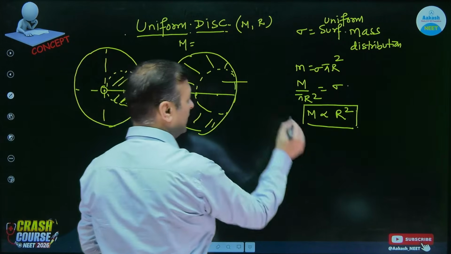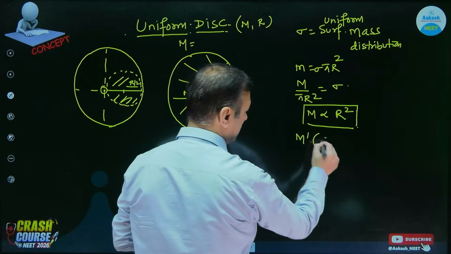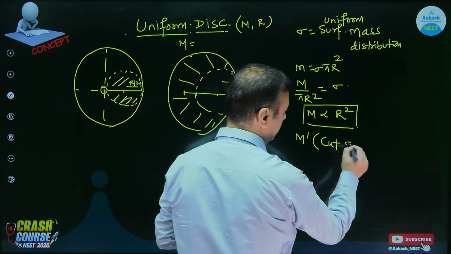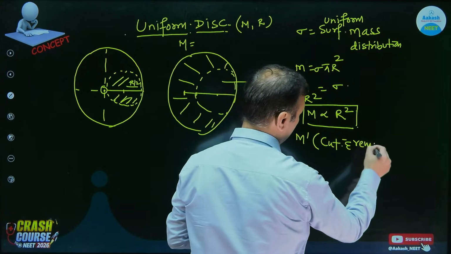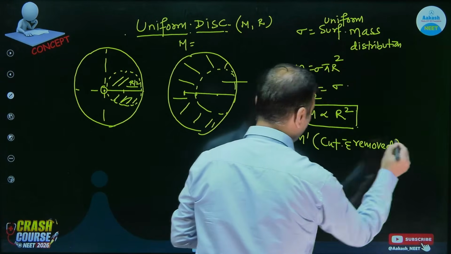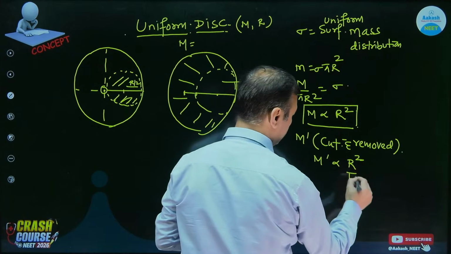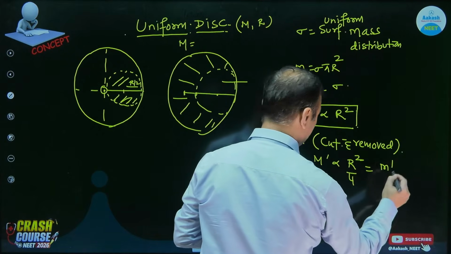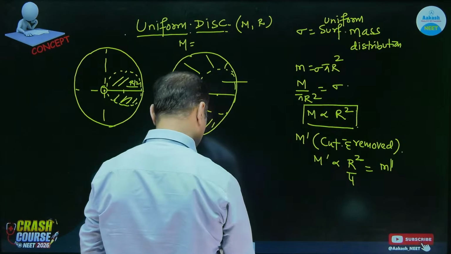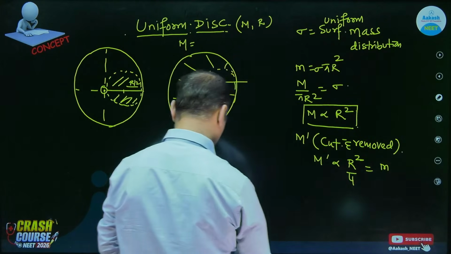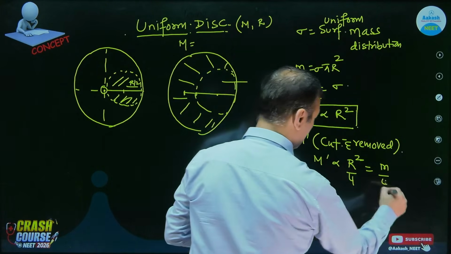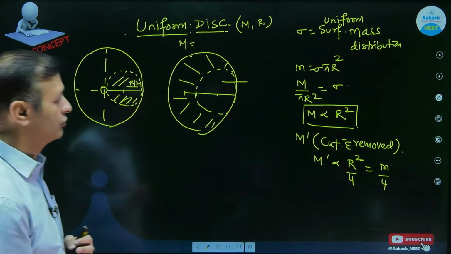The part which is cut and removed has mass m dash, directly proportional to r square by 4, so this part is m by 4 only. Got it or not?